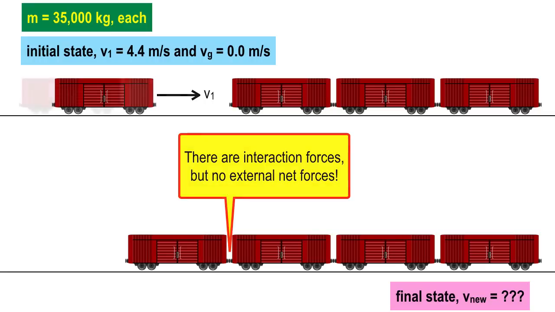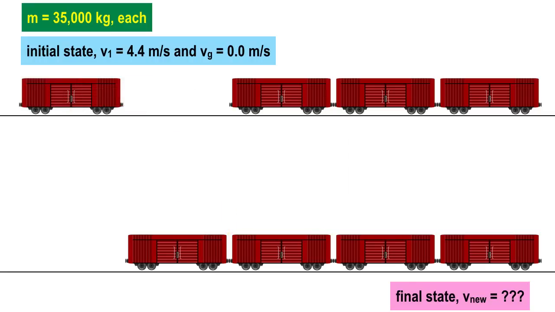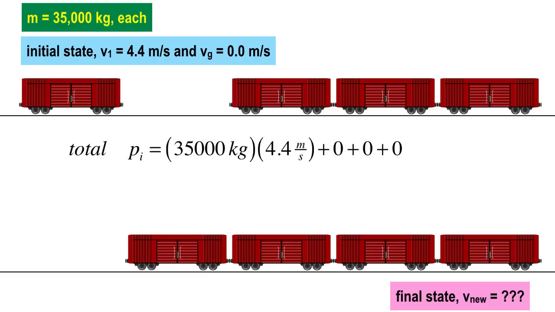Here we go. First of all, calculate the total momentum of all four boxcars and add them together. Because there are no external forces acting, what boxcar number 1 loses, boxcars 2, 3, and 4 together are going to acquire.